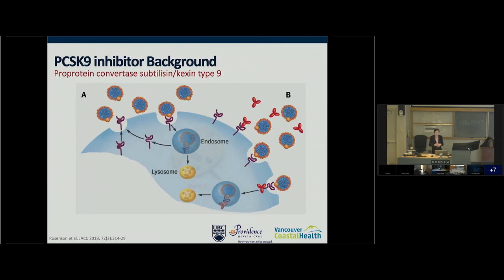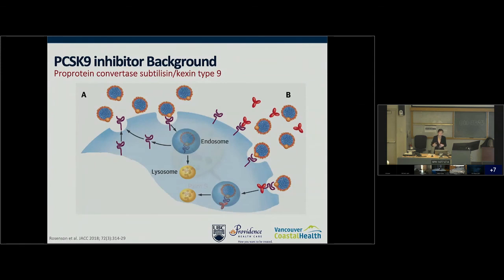However, we do have PCSK9 molecules that are produced in the endoplasmic reticulum in our cells, and that can bind to the LDL receptor, and if that binds to the LDL particle, then the whole thing gets degraded in the lysosome so that the LDL receptor isn't recycled out to the hepatocytes.